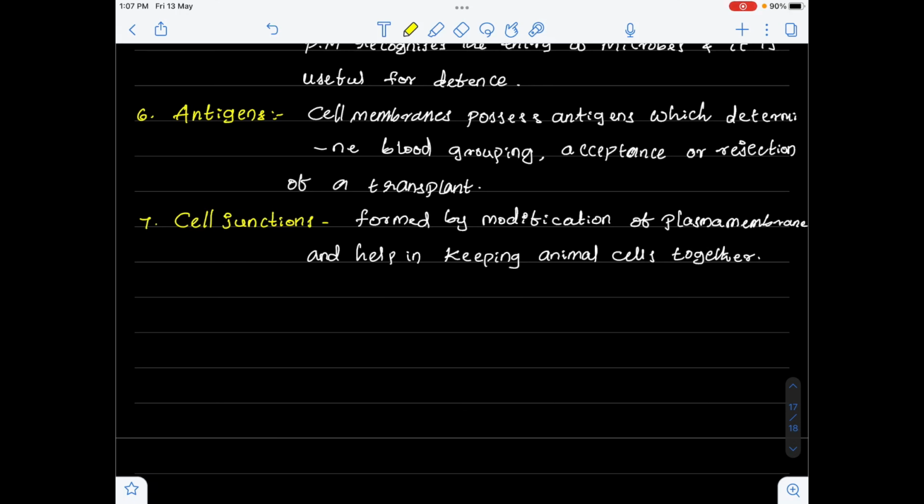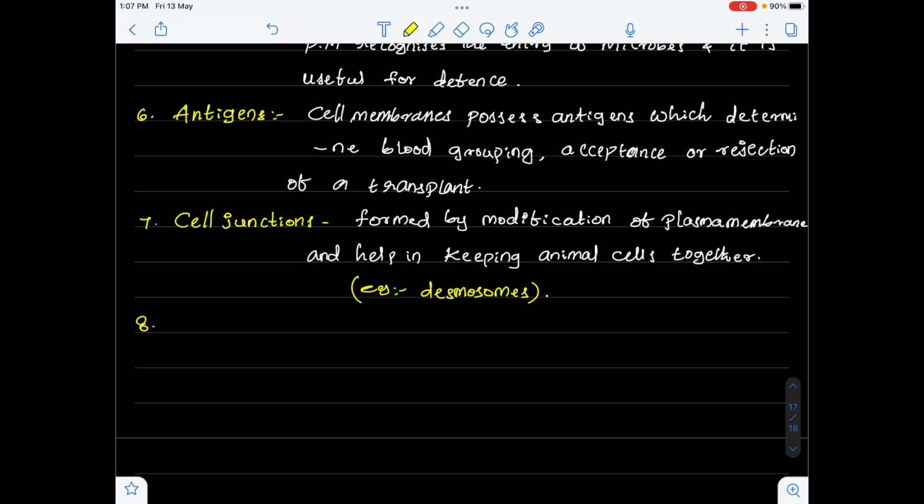Whereas in plant cells, two adjacent plant cells are connected by plasmodesmata, but in animal cells, the junctions are called desmosomes, which we have already discussed. Let me write one example here: desmosomes, these are modifications of the plasma membrane.